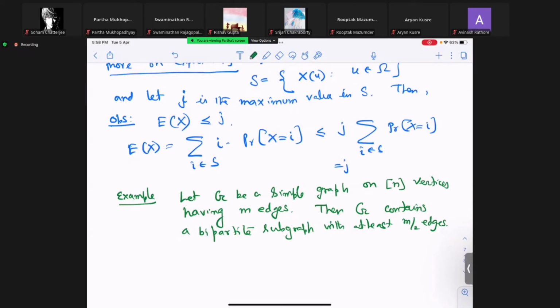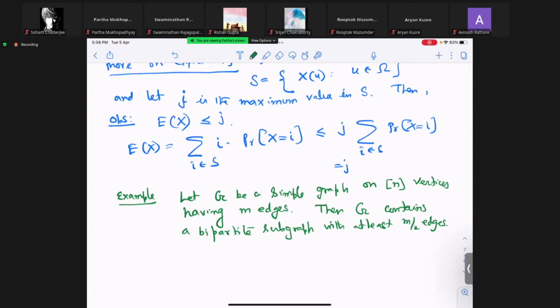How do you prove such a statement? The expectation of the number of edges in a bipartite subgraph is greater than m by 2.